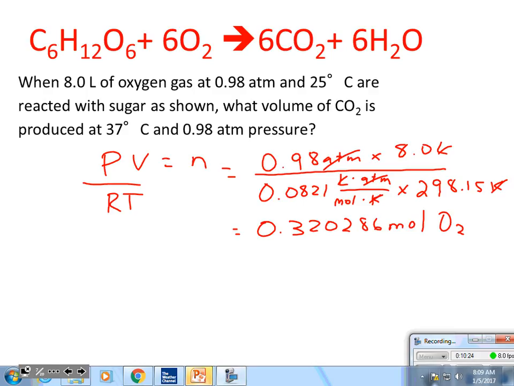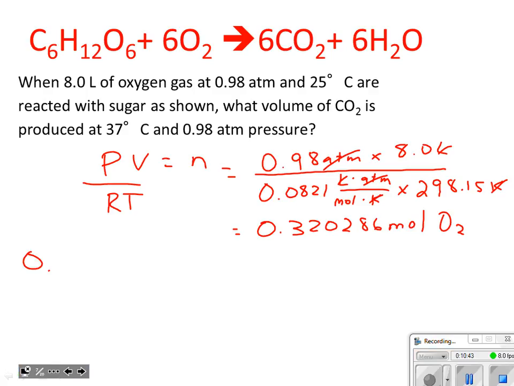Now, I'm going to take my moles of oxygen and convert that into moles of carbon dioxide. So I need to have the molar ratio from the balanced equation.